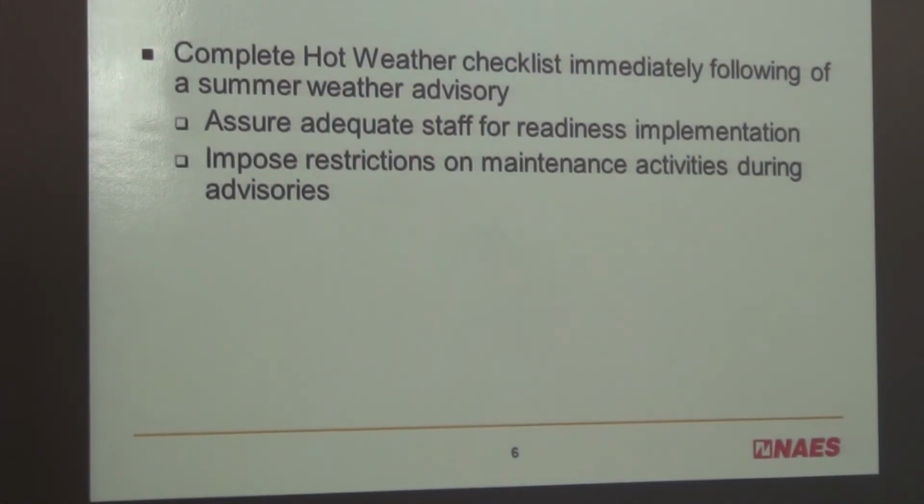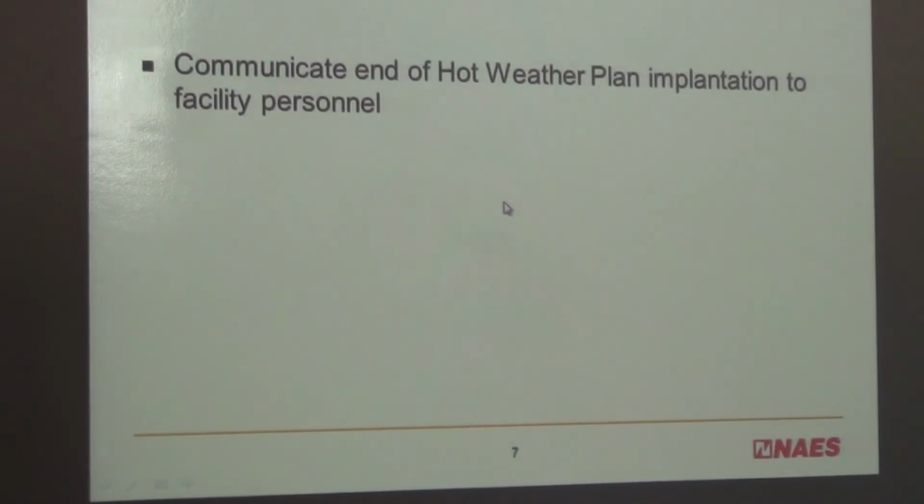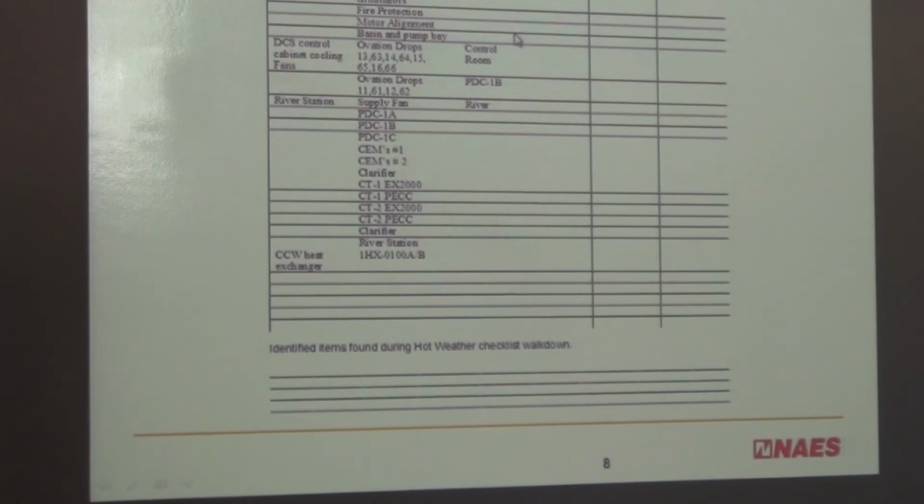For summer heat, we've never had people out here like we do for the winter, but if that was needed, we would get extra people. And impose restrictions on maintenance activities during this advisory, so you put your hands in your pockets. And then communicate the end of the hot weather plan implementation to the facility personnel at the end of the summer. So here's the check sheet.